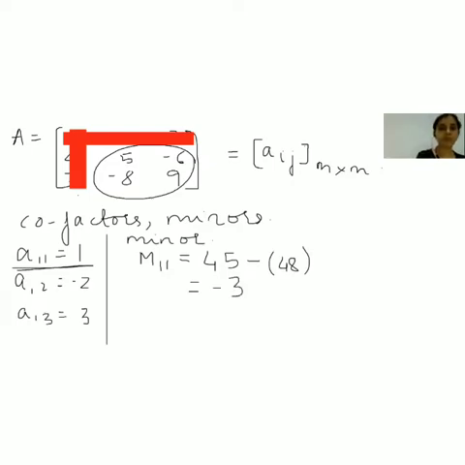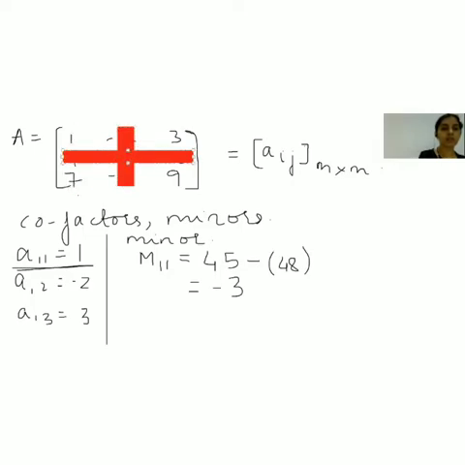We will find the minor of A12 now. So let us hide the row and column in which it lies.